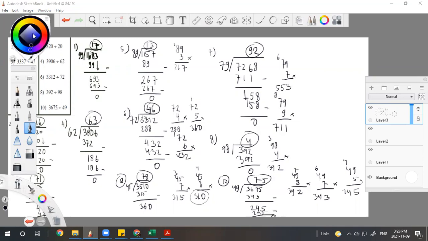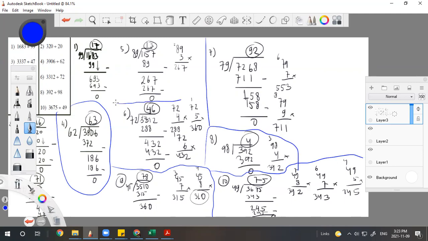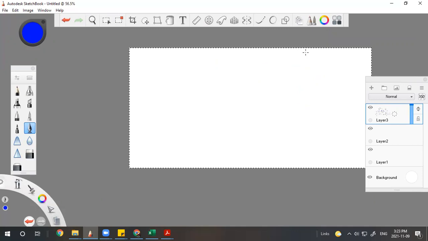I will circle the number so you can see it clearly. And for number 4, number 9, number 10, including the working, number 8, number 7, number 6, number 5, number 1, number 2, and number 3 here. So I will send this to you in WhatsApp later on.